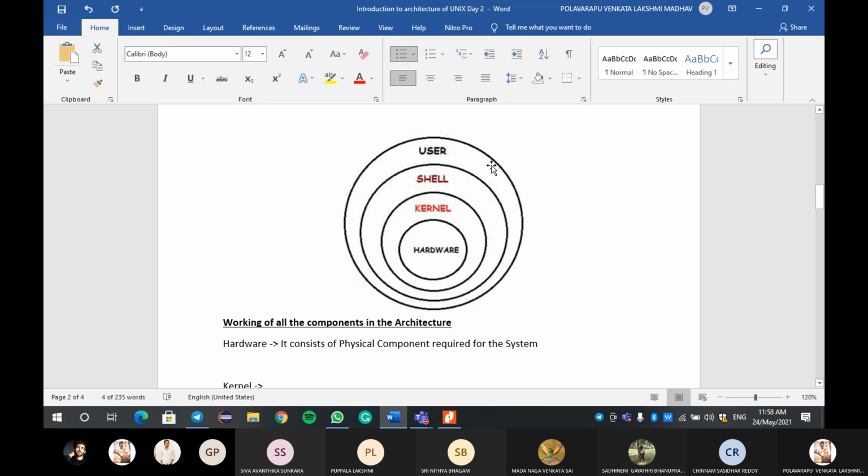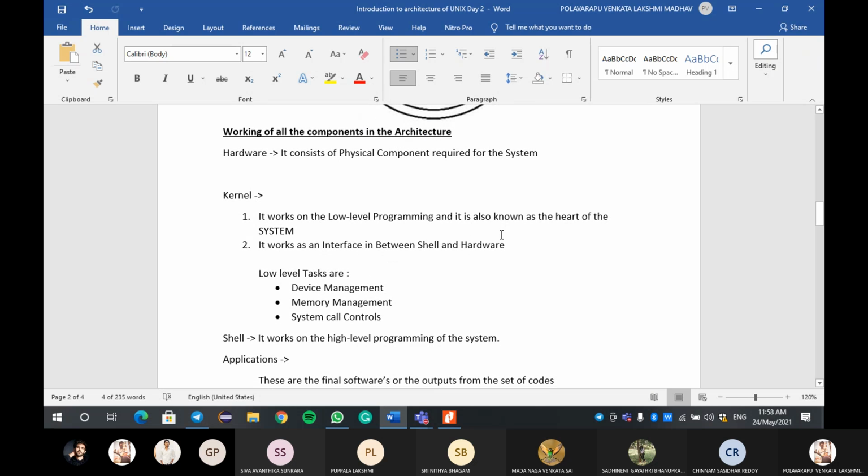To get an application, we write code in shell. So the user needs some applications to be done, so he will pass the commands through shell to the hardware with the help of the kernel. So this is the basic architecture of Unix.